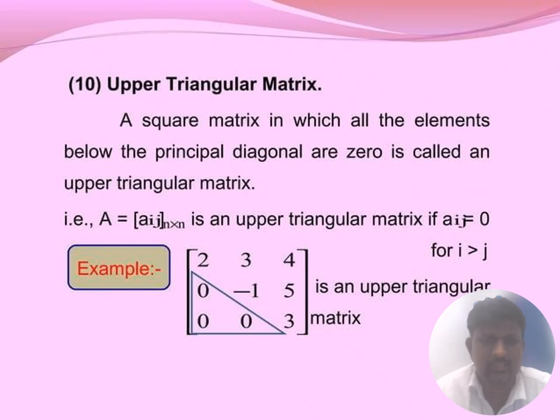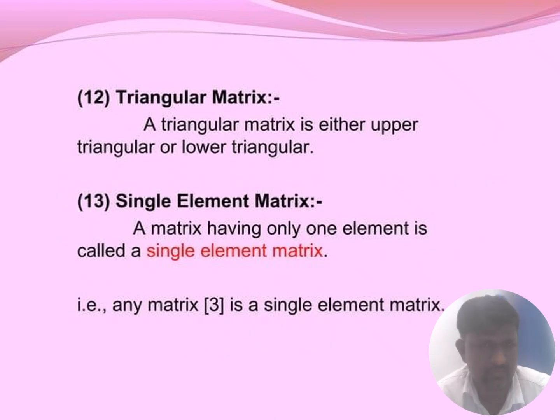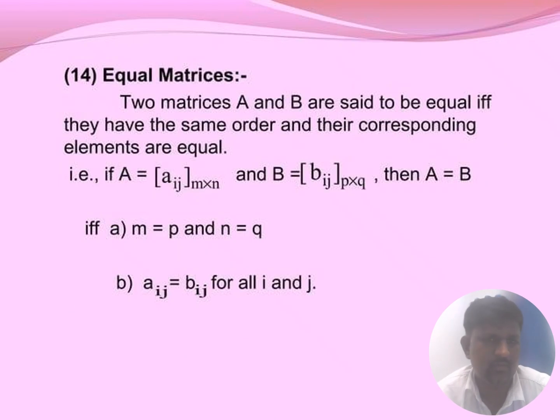Upper triangular matrix: a square matrix in which all the elements below the principal diagonal are 0 is called an upper triangular matrix, and the lower triangular matrix is one in which all the elements above the principal diagonal are 0. So finally, equal matrices. Two matrices A and B are said to be equal if and only if they have the same order and their corresponding elements are equal.